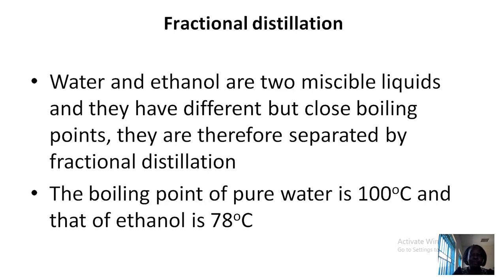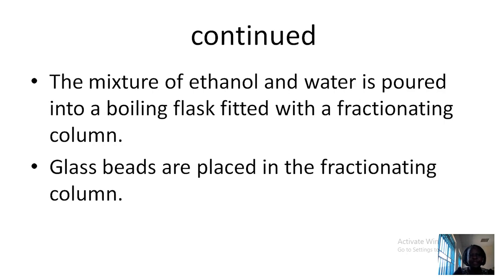We already know that pure water boils at 100 degrees Celsius, and the boiling point of ethanol is 78 degrees Celsius. So if I get a mixture of ethanol and water and put it in a boiling flask fitted with a fractionating column, in the fractionating column I put the glass beads.